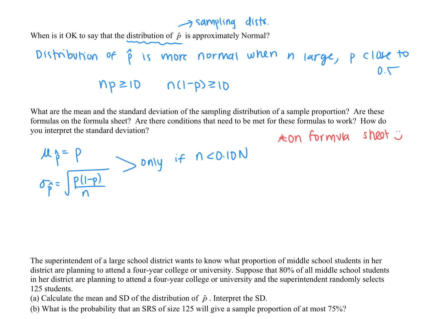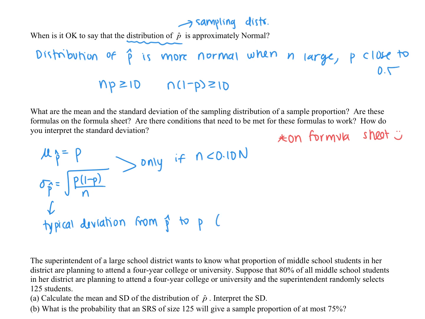And then in terms of interpreting the standard deviation, it is the typical deviation from p hat to p. So it's typically how far a sample proportion will be from the population proportion.